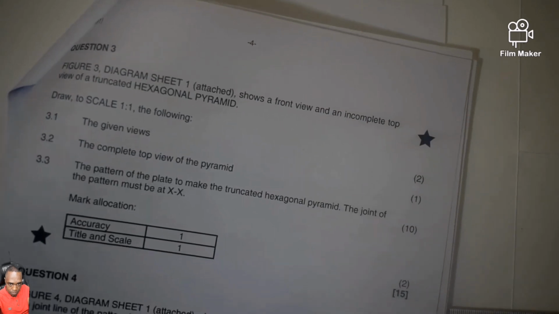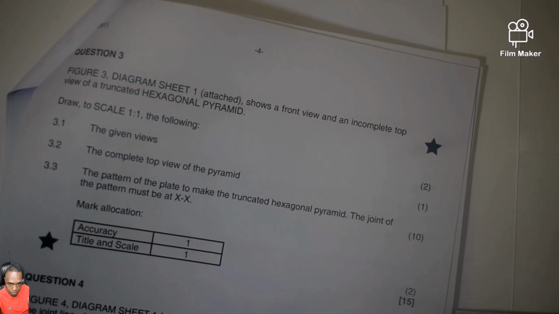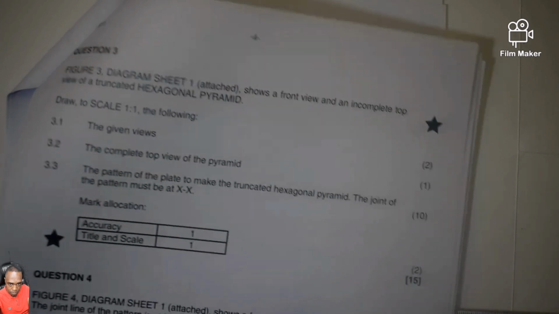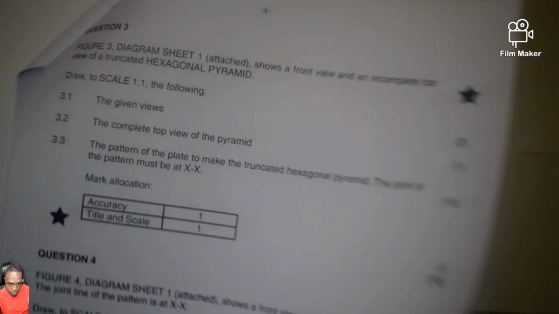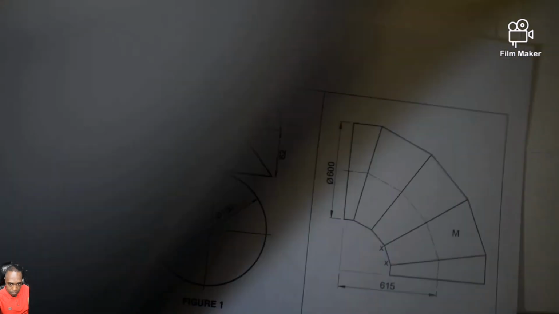Then the complete top view of the pyramid, 1 mark. Then the pattern of the plate to make the truncated hexagonal pyramid, the joint of the pattern must be marked, 10 marks.